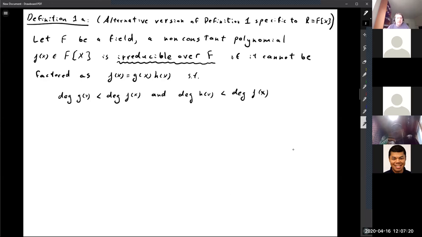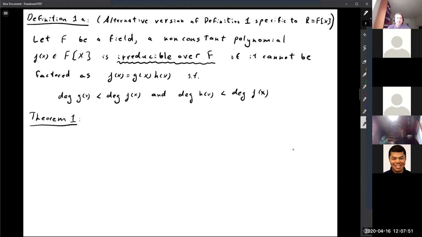Okay, now in principle, there might exist reducible polynomials which have no roots.